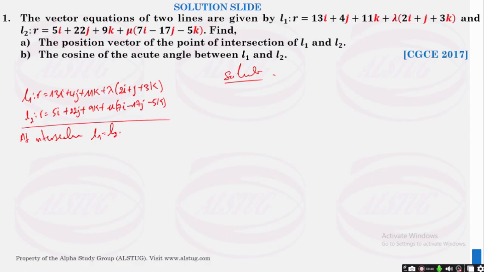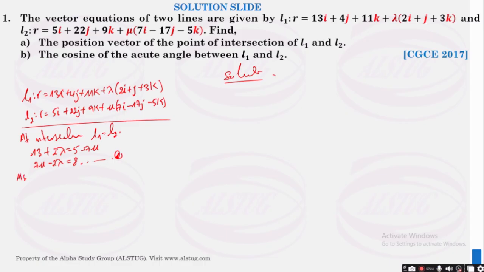So that will imply 13 plus 2 lambda from L1 should be equal to 5 plus 7 mu. I arrange it into a nice and decent equation, so I'm going to end up with 7 mu minus 2 lambda equal to 8. I call that equation 1.